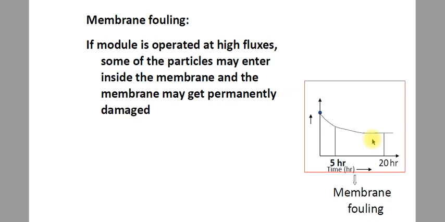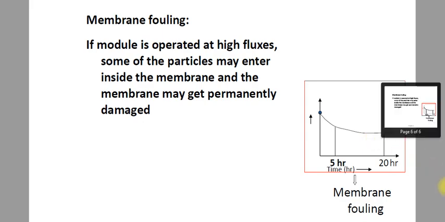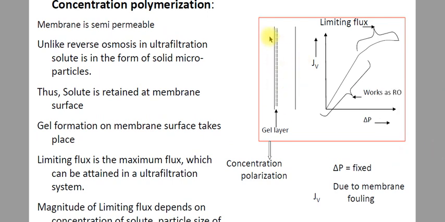So fouling is the phenomenon when the membrane pores are blocked due to solid particles. Solid particles enter inside the pores and block them. In gel formation, you have a gel layer on the surface of the membrane. This gel layer can be removed during the process, so you need not stop the process and then clean the membrane.